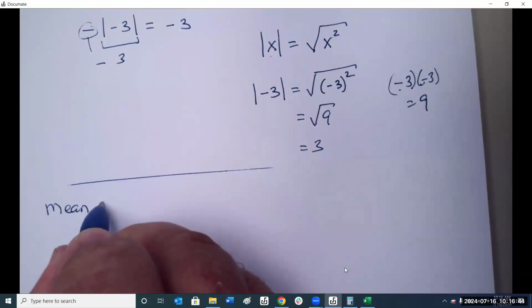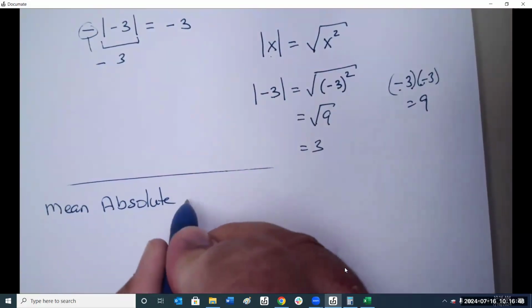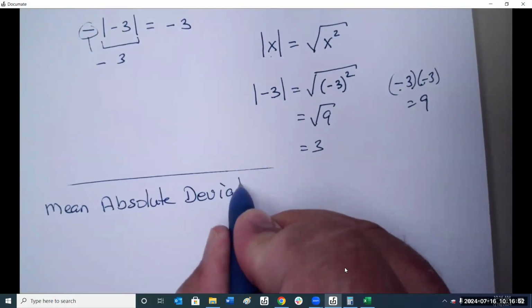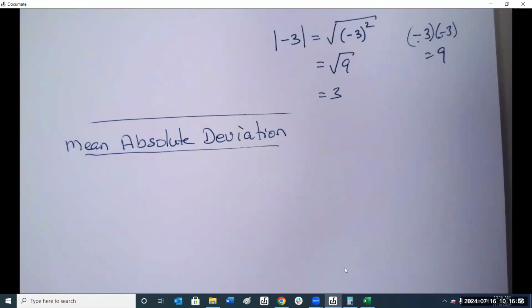We use that to define this. The mean absolute deviation. Again, mathematicians do not have a creative bone in their body.